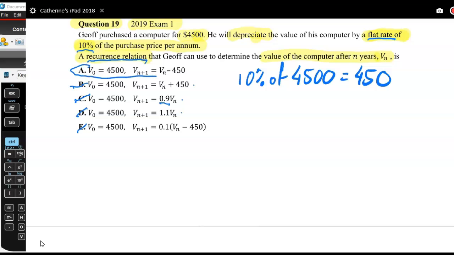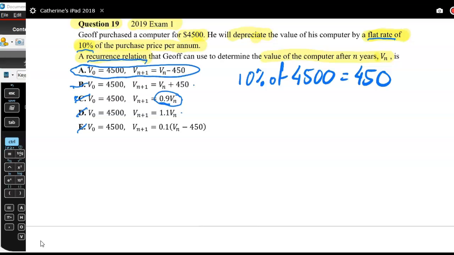So A is the correct answer, and 76% of the state answered that one correctly. 13% of the state answered C. You can start to understand where they got that from, because they were thinking, well, that will take off that 10%.